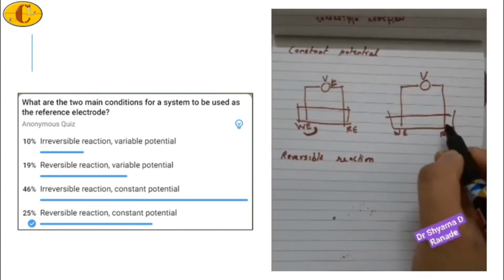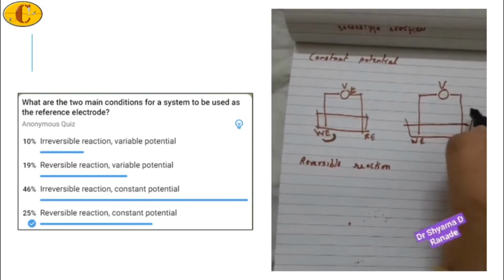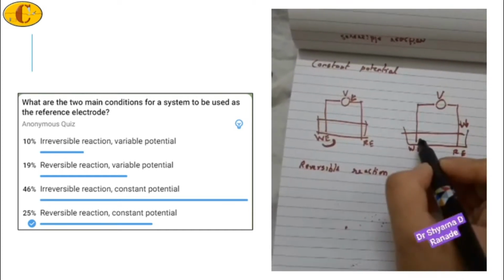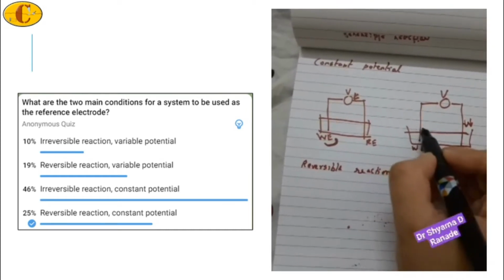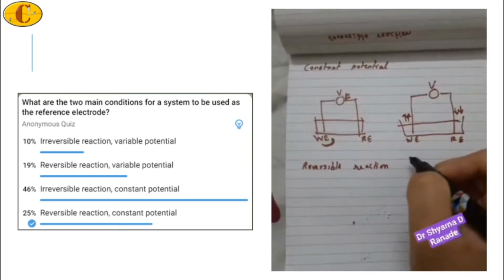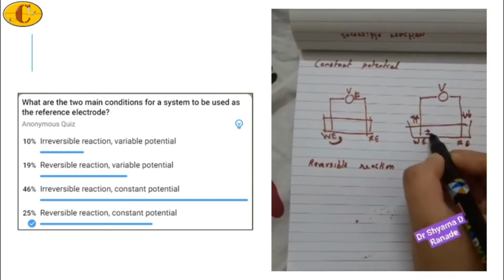Now if the reference electrode undergoes a certain reaction where it accepts electrons through the circuit, it means that it is forcing the working electrode to reject electrons. If the working electrode rejects electrons, it means that it is going to dissolve into the solution.